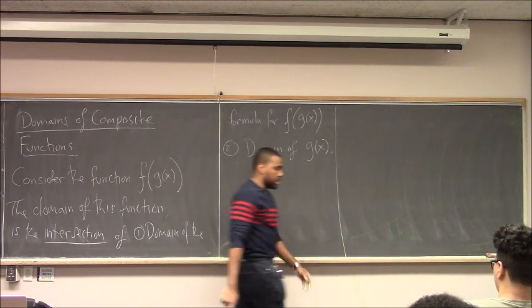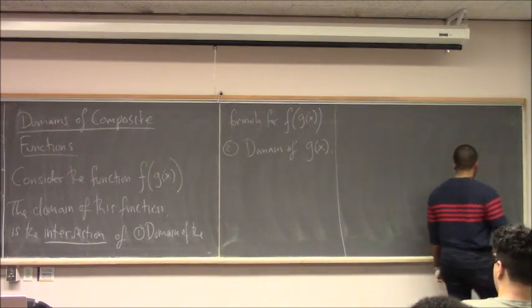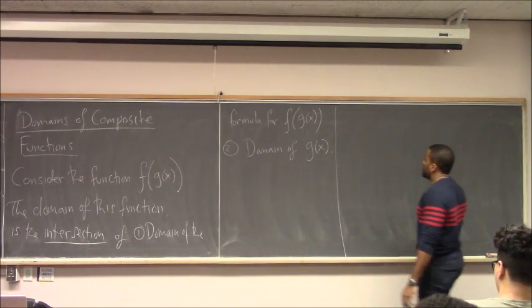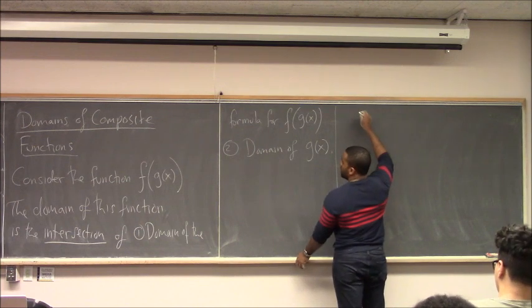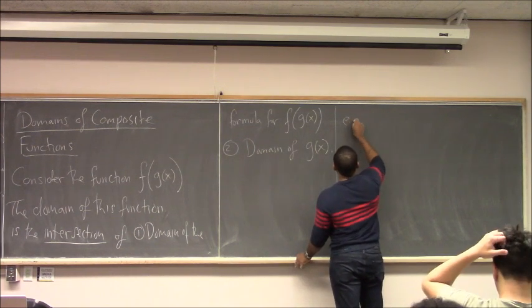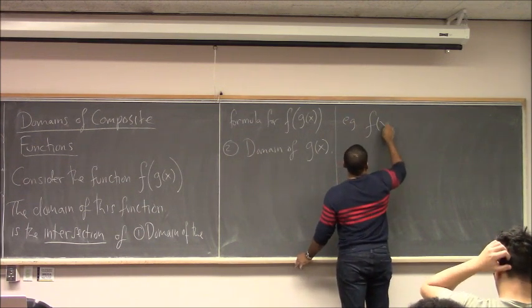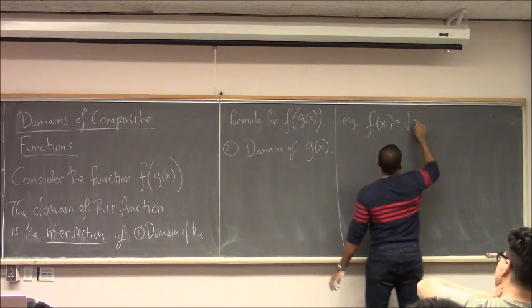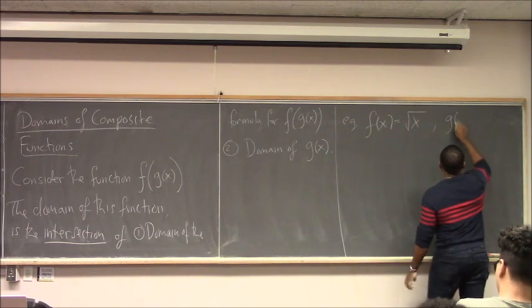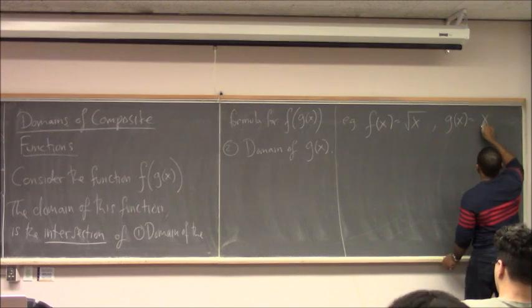Let me give you a simple example where this would be an issue. Something like, let's say your f of x is the square root of x, and your g of x is x squared.